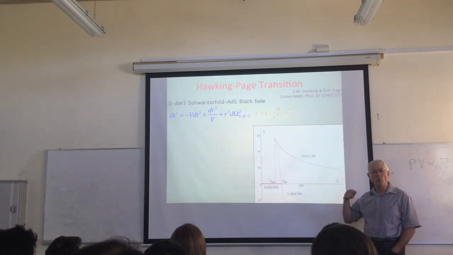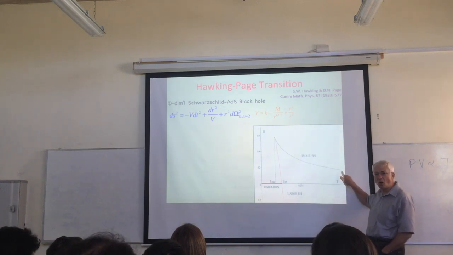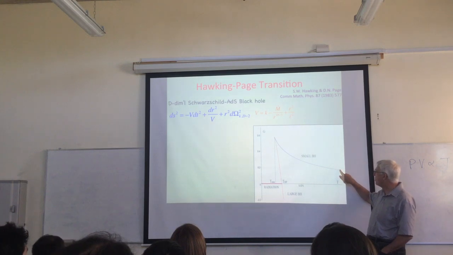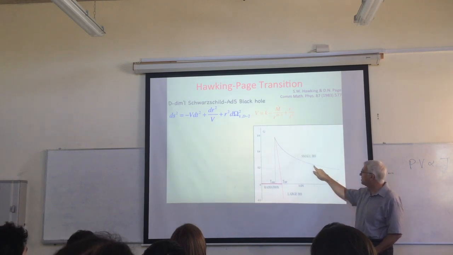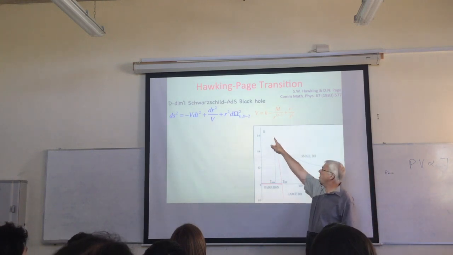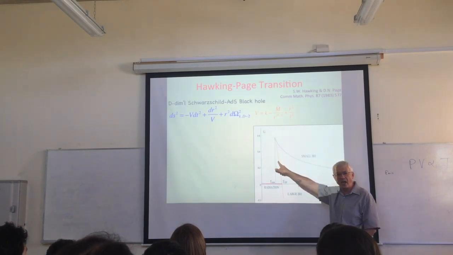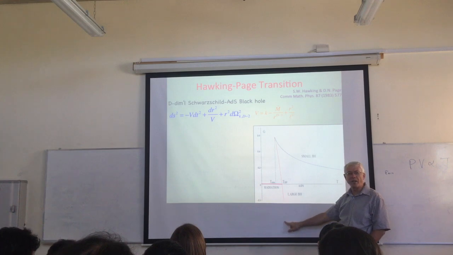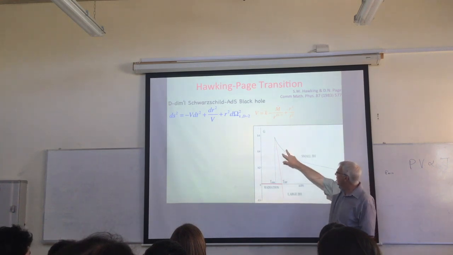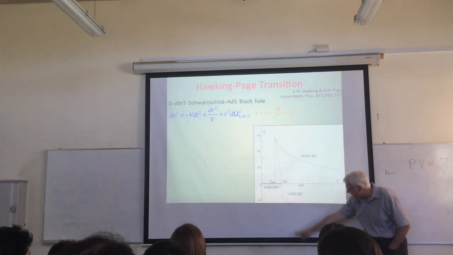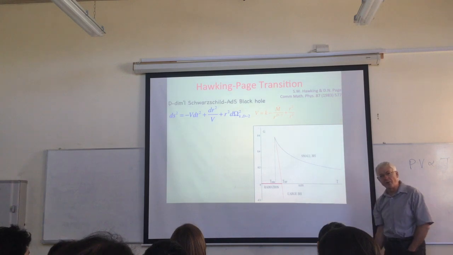And you march along these branches by raising the size of the black hole. So if you start with a small black hole, you find the free energy is here. And it gets bigger and bigger and bigger until it reaches a maximal cusp, in which case it turns around and goes this way. It's very steep, but this just goes on and on forever.